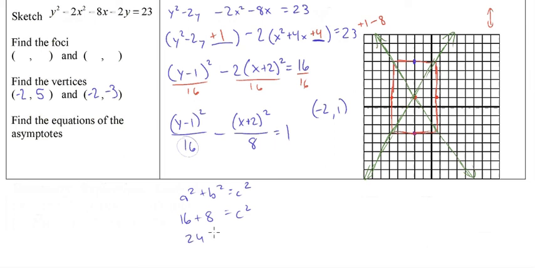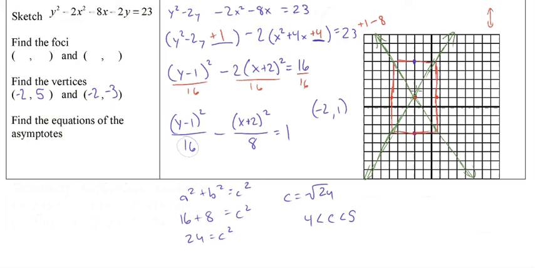That's 24 equals c squared, so c equals the square root of 24, which is a little bit more than 4, but not quite 5.